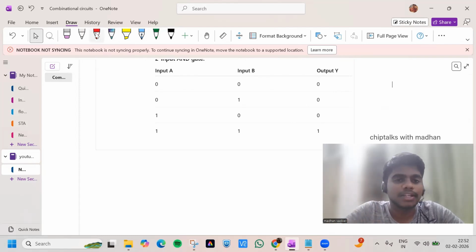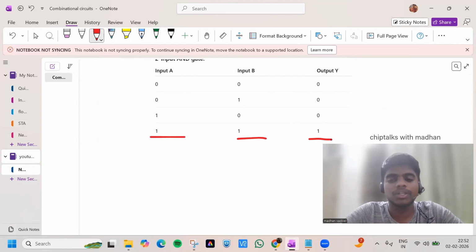Here both inputs are one, so we get the output one. Here A is the same, but B changes to 0, and suddenly the output changes to 0. That is how a combinational circuit works.